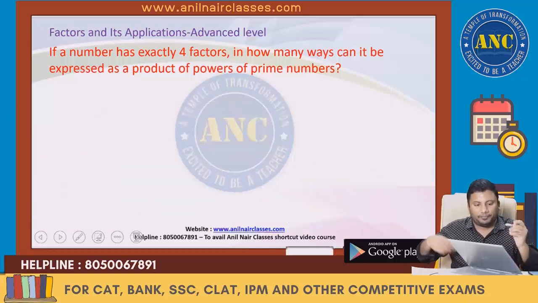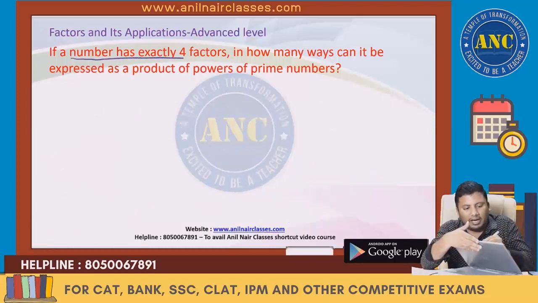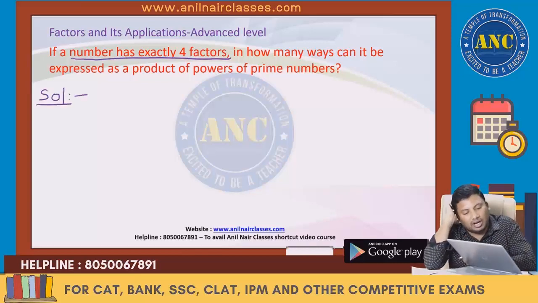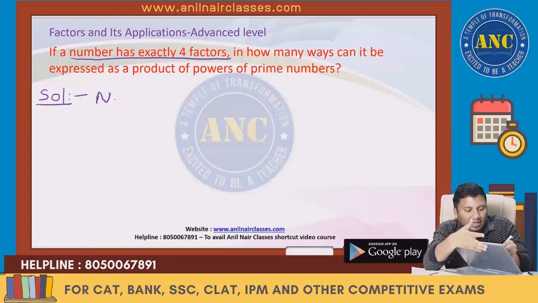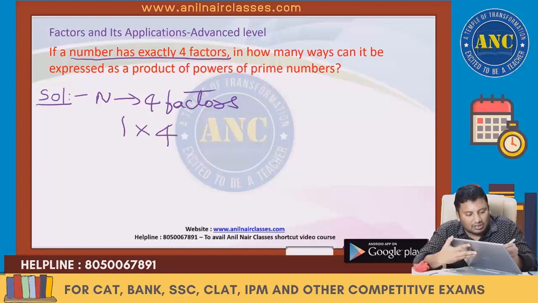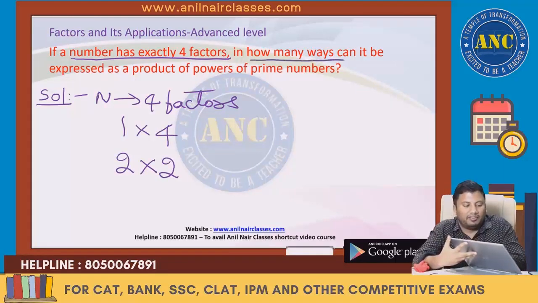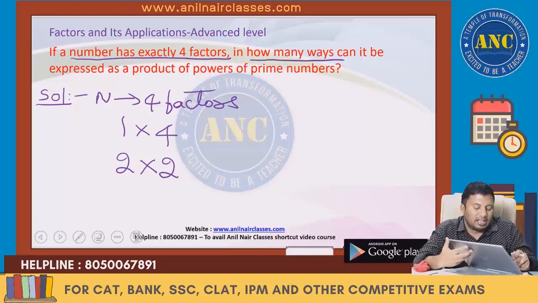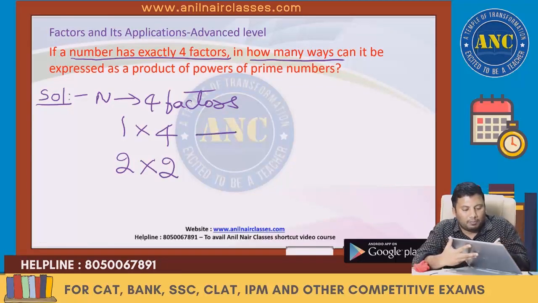Now see here. First question: a number has got exactly 4 factors. If it has 4 factors, it is 1 into 4 or 2 into 2. In how many ways can you express the number as a product of prime bases?